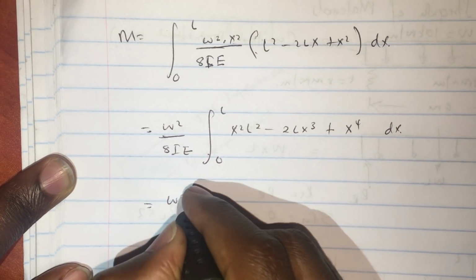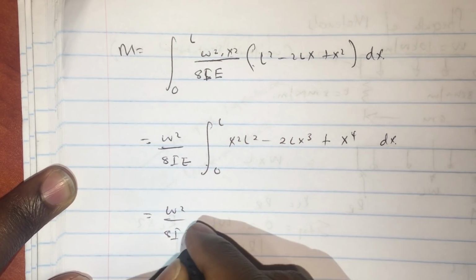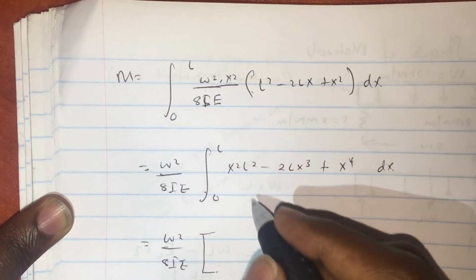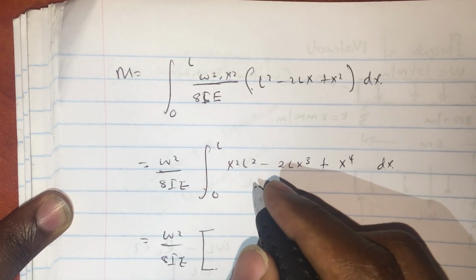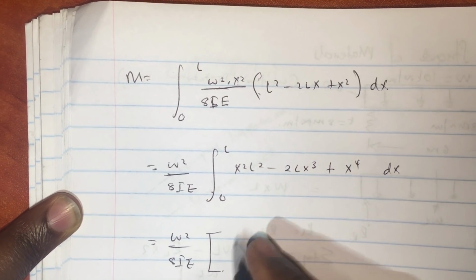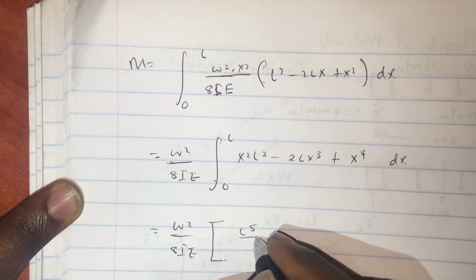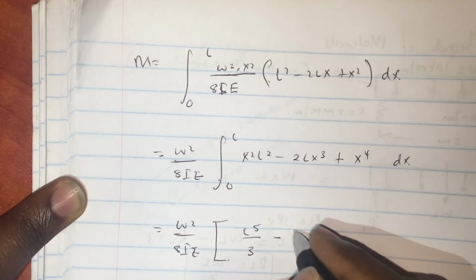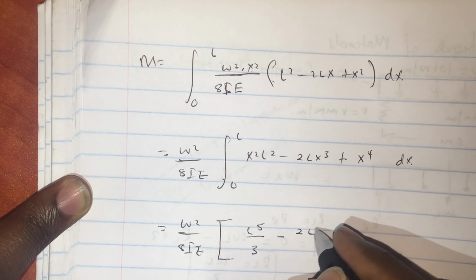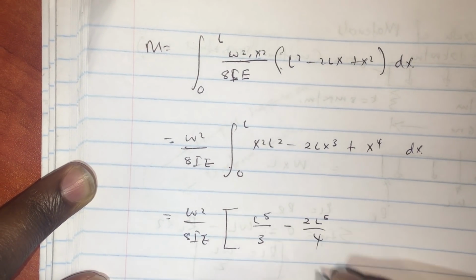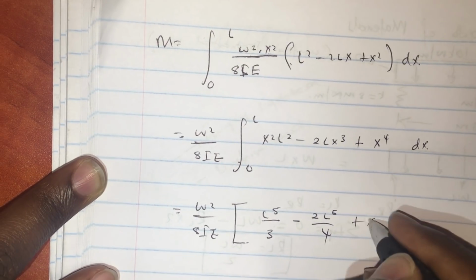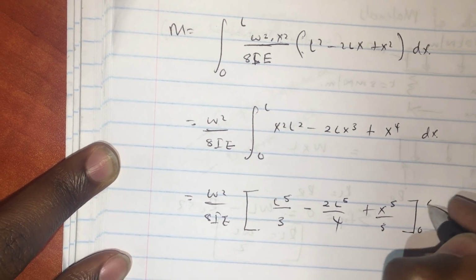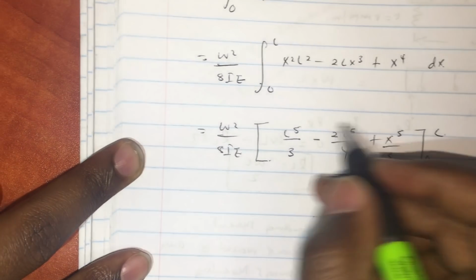Our equation becomes omega squared over 8 IE, full bracket, and we're remaining with L to the 5 over 3 minus 2L to the 5 over 4 plus L to the 5 over 5, 0 to L, right?